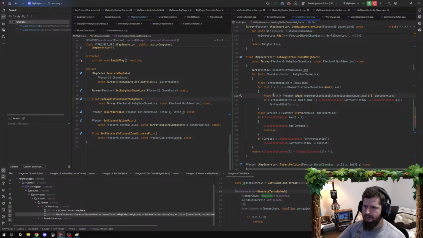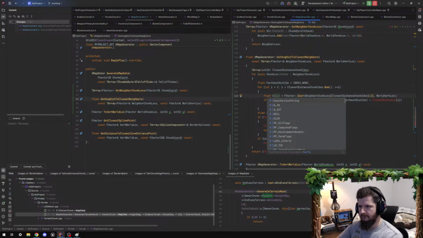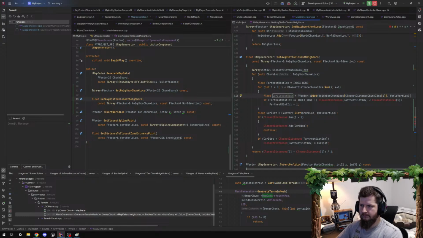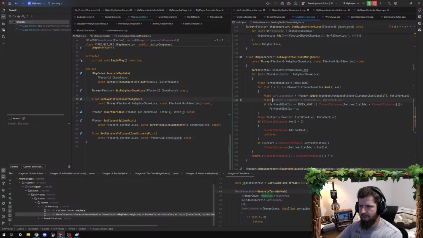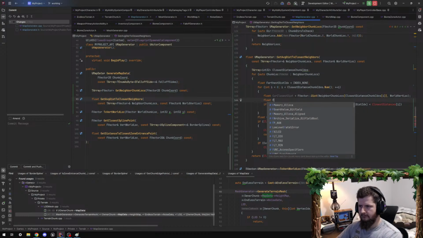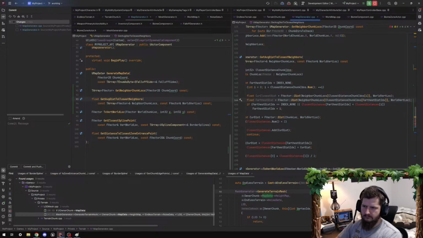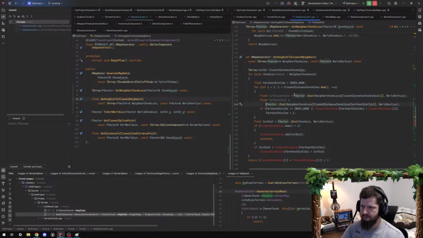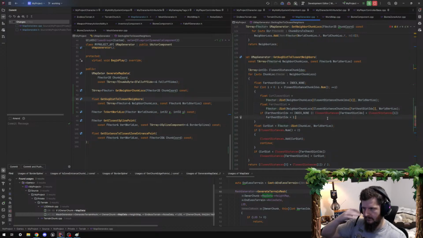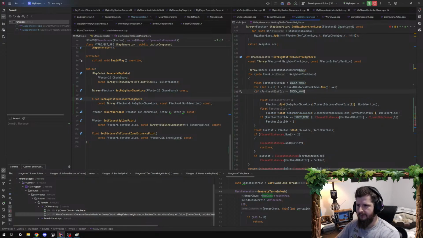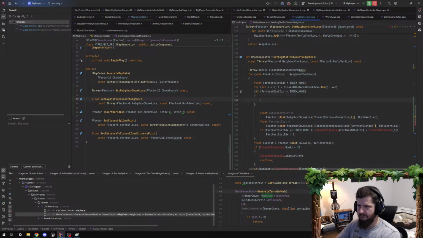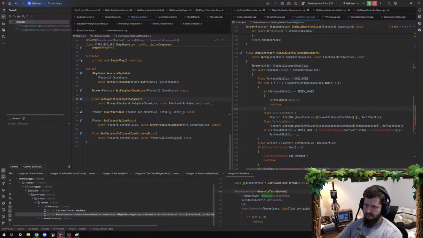Okay, so farthest distance index. I'll just put this at the top so I don't have to worry about that condition when I get down here, nothing crashes.